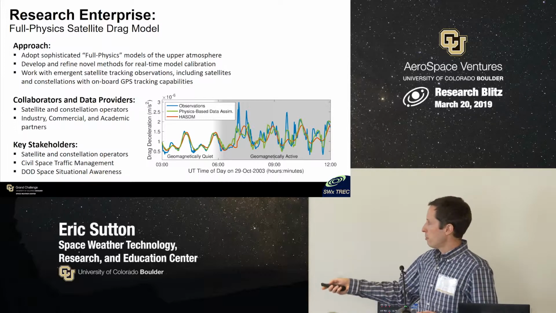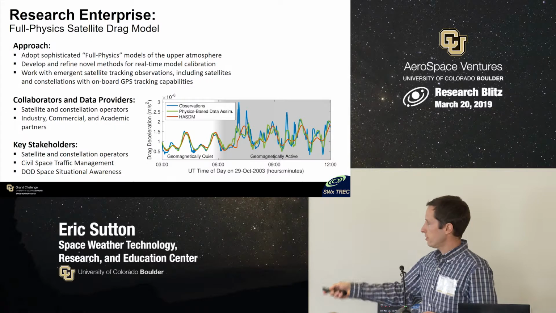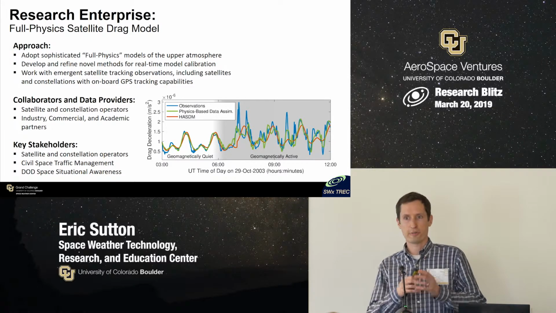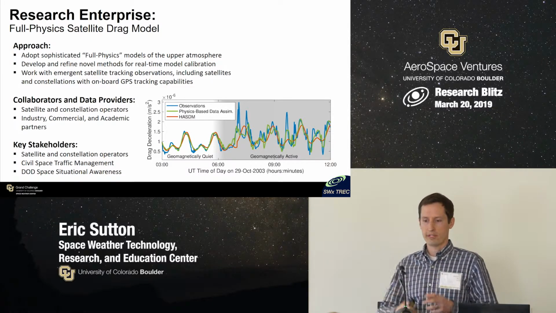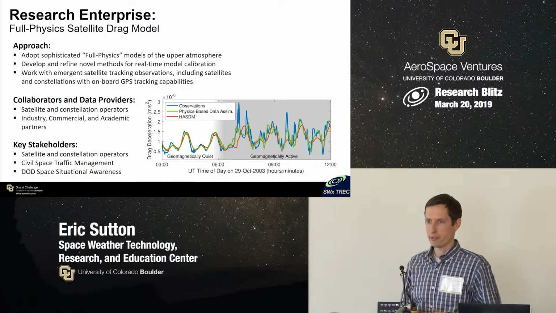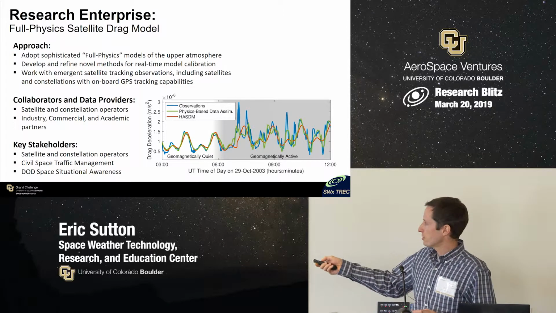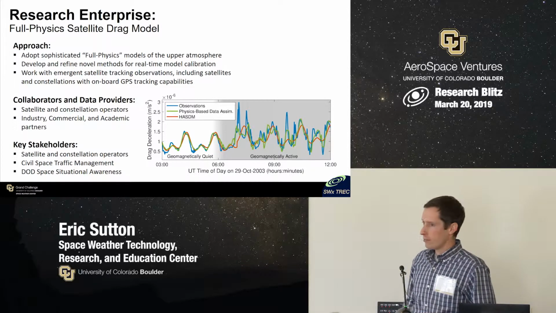But once we get into this geomagnetically disturbed time period, where the solar disturbance has thrust a bunch of particles and higher energy material at the Earth, once this hits the Earth, all bets are off, basically.